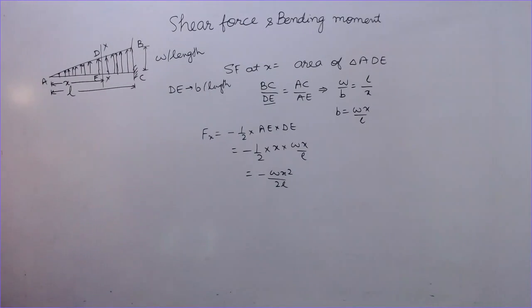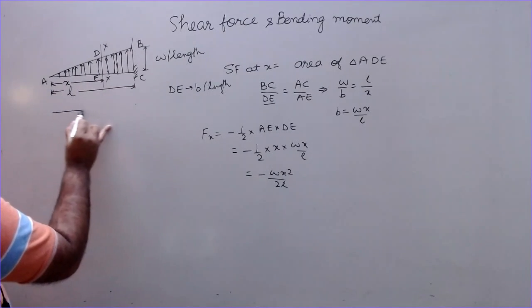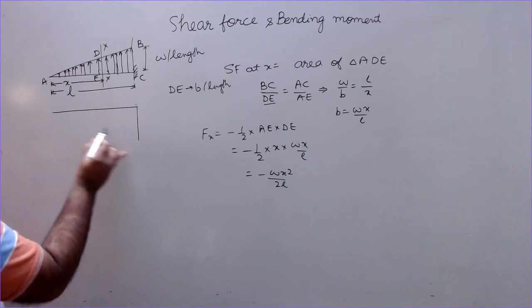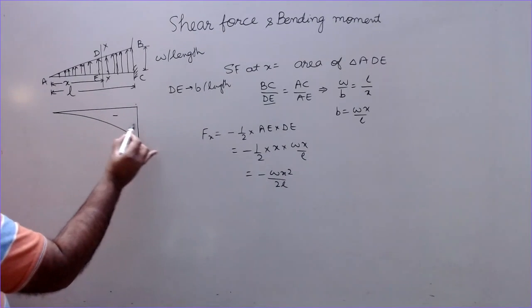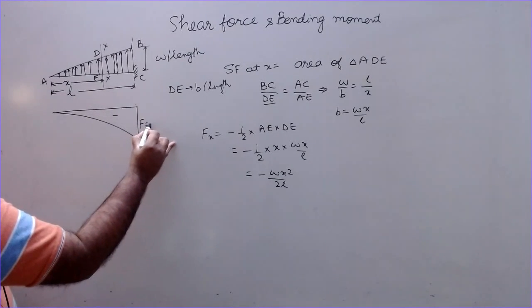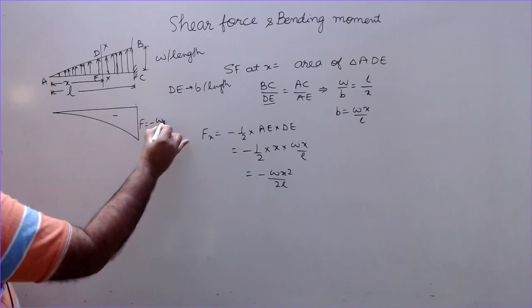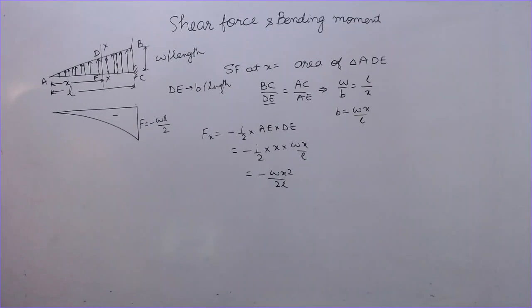This is again the equation of a parabola. At x equal to 0, the shear force is 0. At x equal to L, the shear force is maximum. And this is a parabola of this type, negative. At x equal to L, the shear force is minus WL square by 2L, that is minus WL divided by 2. So this is how you can show the shear force diagram.